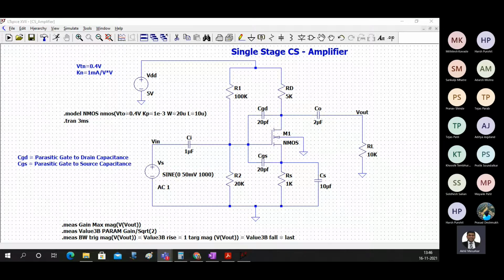So quickly post your outputs, only the circuit, in the chat box.